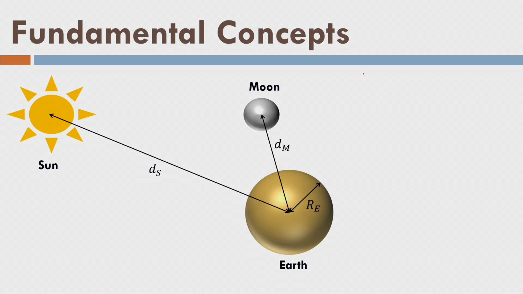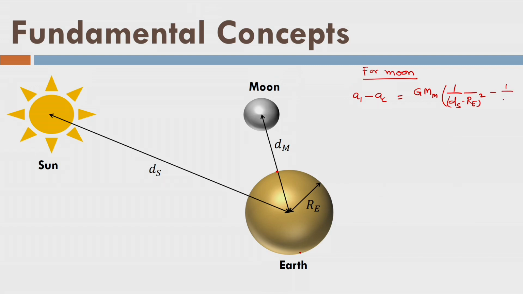Now, for the moon, if I want to find out the differential force at a point, A1 minus AC, let us say at this point, and let us try to make it. So it is GMm times 1 upon (dm minus RE) square minus 1 upon, I am sorry, it should be dm square.